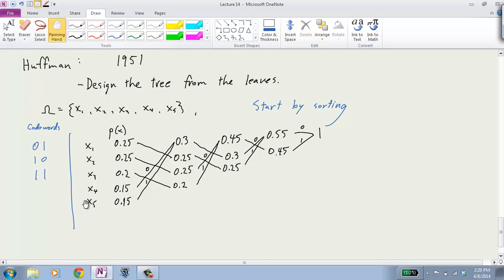And here we have 0, nothing, 0, 0. And finally, 1, nothing, 0, 0. So there's our prefix code. Okay, so that's a construction for the Huffman code.